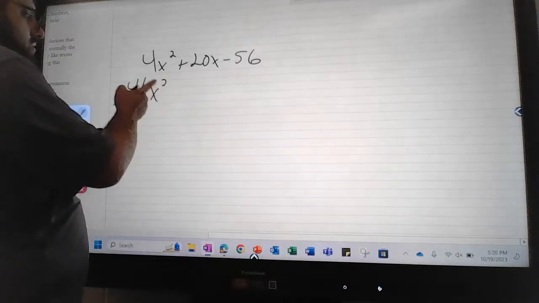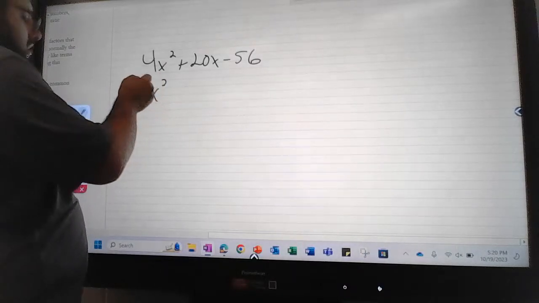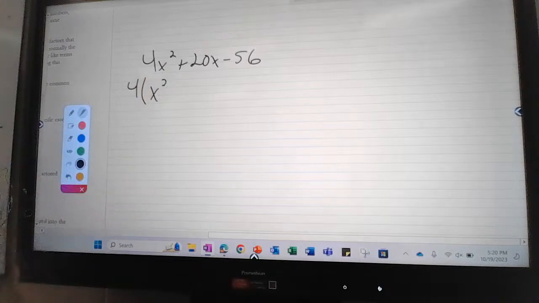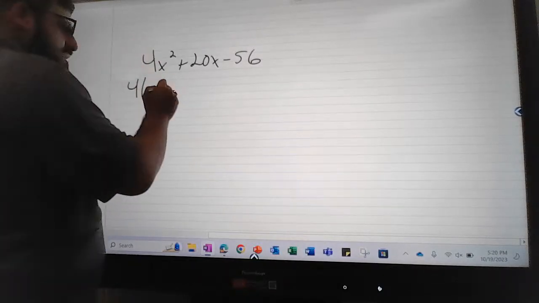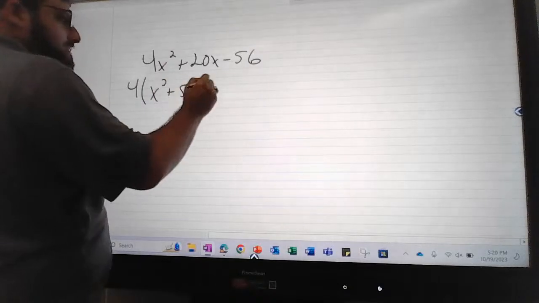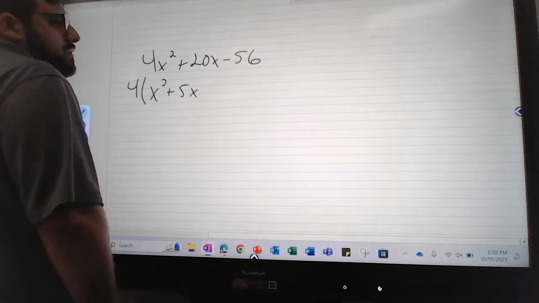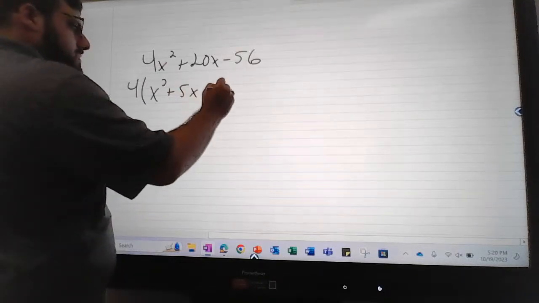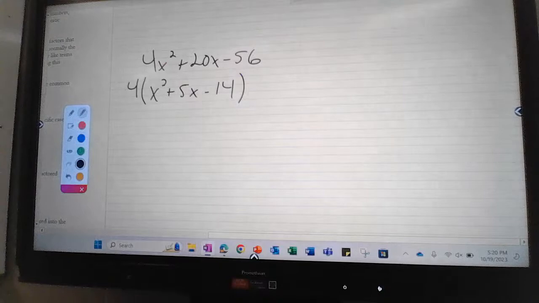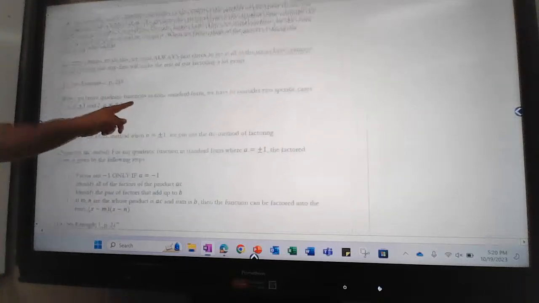So I have x squared here since I took the 4 out, which technically there's a 1 here, because anytime you factor, it's kind of like you're dividing. 20 divided by 4 is 5. 56 divided by 4 is 14, minus 14. Okay, so you definitely want to check to see if each term has a common factor before you continue to factor. I'm going to come back to this example in just a minute.